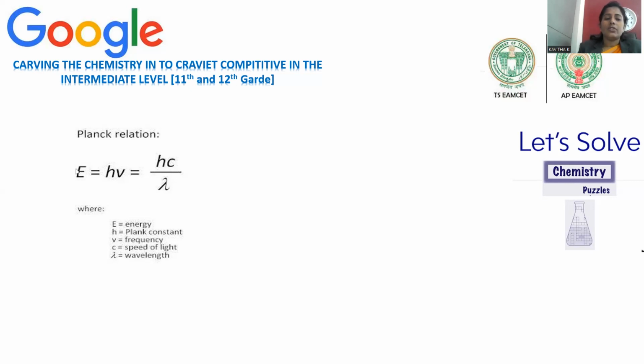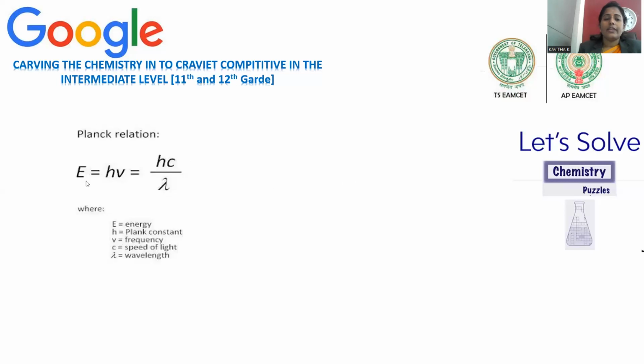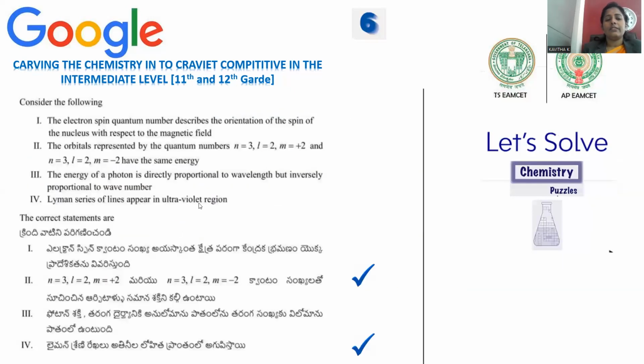So energy and wavelength are inversely proportional, but they are saying directly proportional. This is wrong. With respect to frequency, which is also sometimes designated as wave number, energy and wave number are directly proportional, but they are saying inversely proportional. Both are wrong.